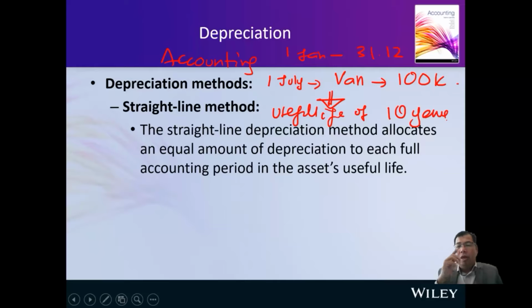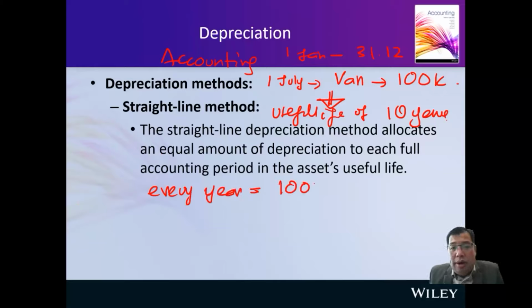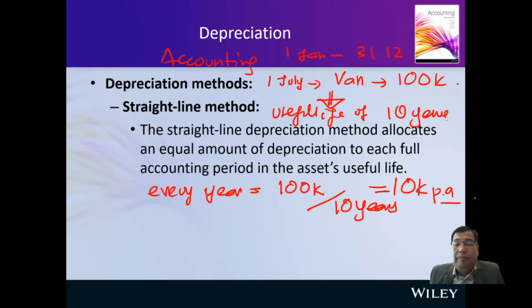What does it mean? For every year, you're going to provide depreciation 100,000 divided by 10 years. So your annual depreciation is 10,000 per annum. So you purchase this van on 1st July.